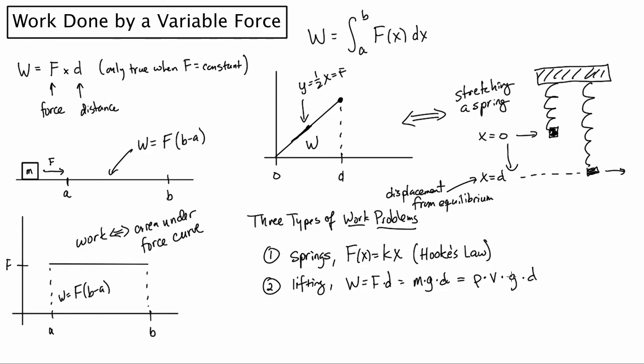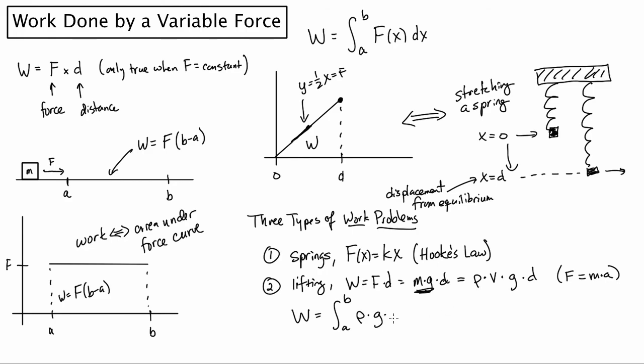And it turns out that, when you do the force here, we all know that force is mass times acceleration. So that's where the mg part comes from. But the point is, if I want to describe the work, I can end up describing it as the integral of this force term, which just got a lot more complicated. The force term is now rho, the density, times the gravitational constant, times the volume.